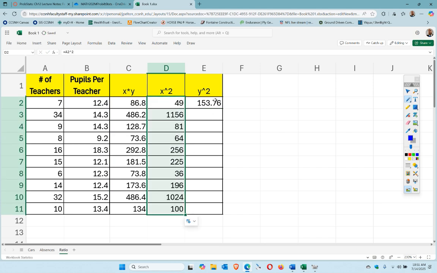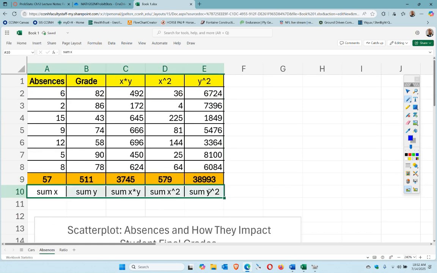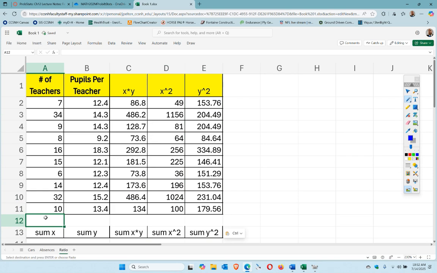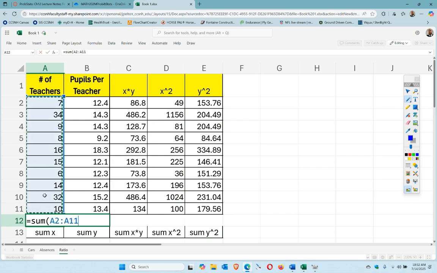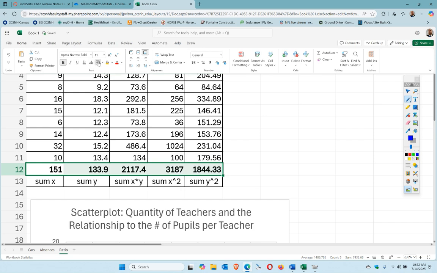Drag it down, and drag it down. We'll copy all our things here. Okay, so we want the sum of these data points, and drag that across, and we want to bold, box, orange, center. All right, those are the ones we want.